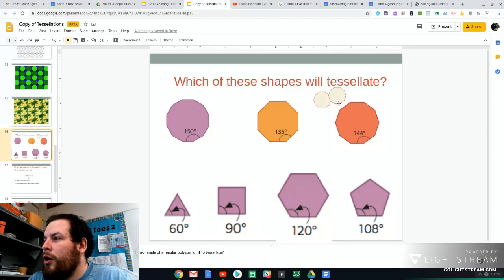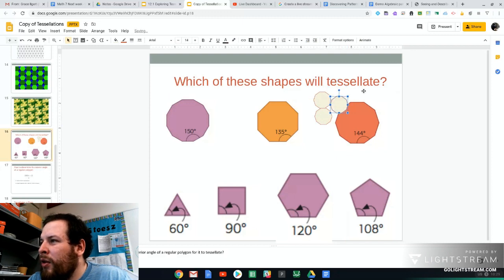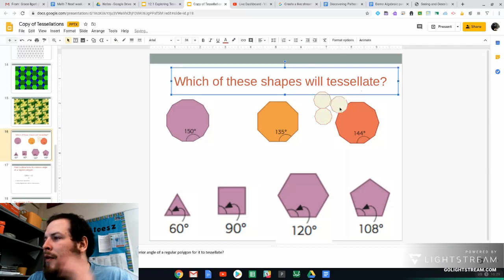And it's not gonna work, especially because my computer is super slow. Right away, you could already see, without me doing a lot of work on this, that there's no way I'm going to fit these together to have no gaps. So a 10-sided regular polygon will not tessellate.